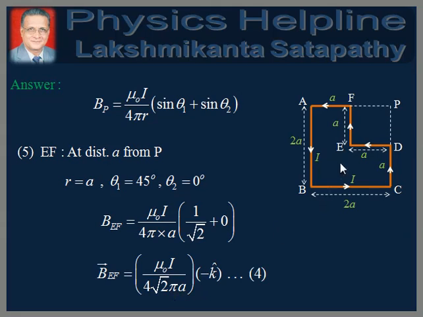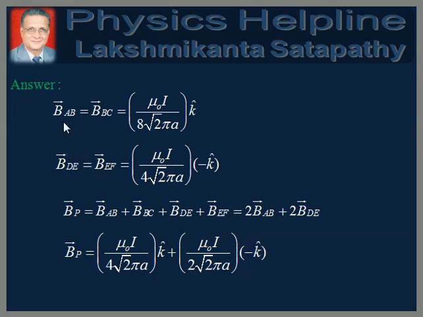If we hold the wire EF in our right hand with the thumb pointing in the direction of current in EF, then the curling fingers again at P will enter into the plane of the figure. Therefore, the direction of this magnetic field vector is also the negative z direction. Therefore, we write B_EF vector is equal to mu 0 I by 4 root 2 pi A into minus k cap.